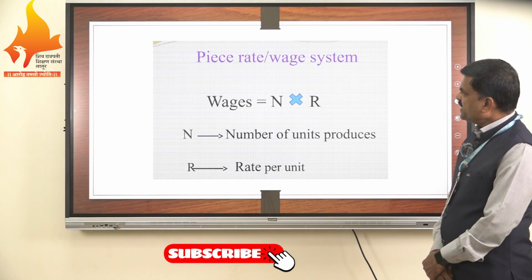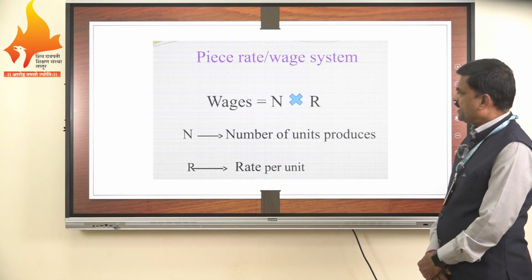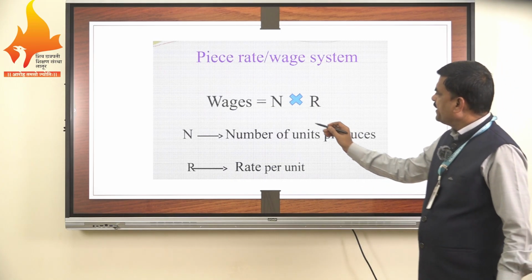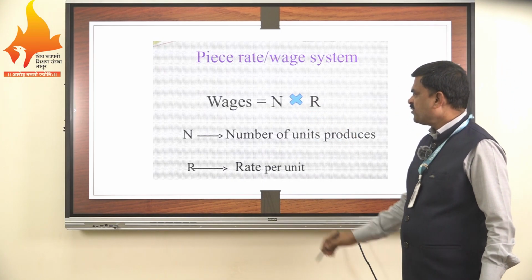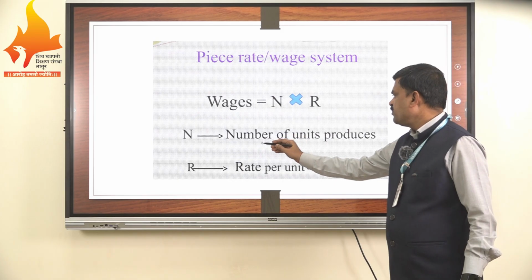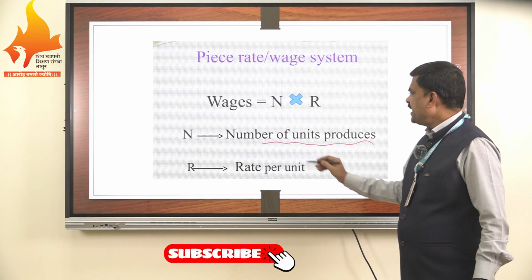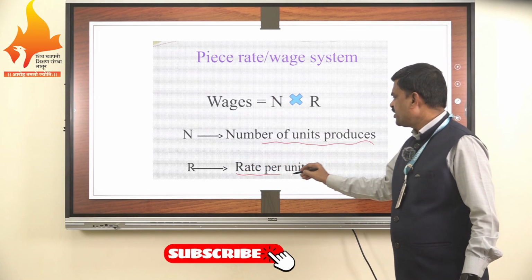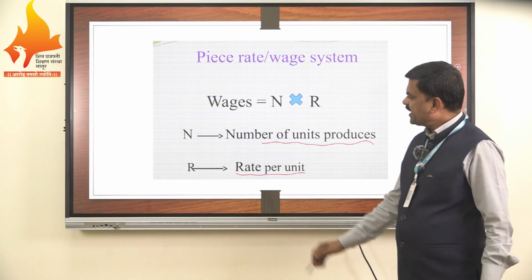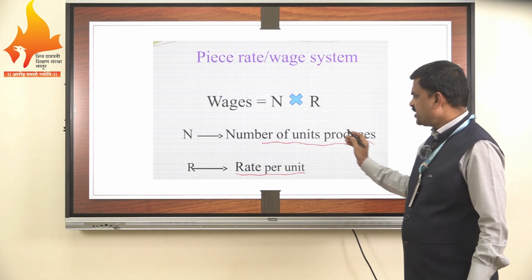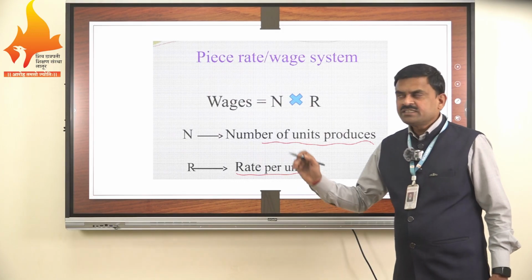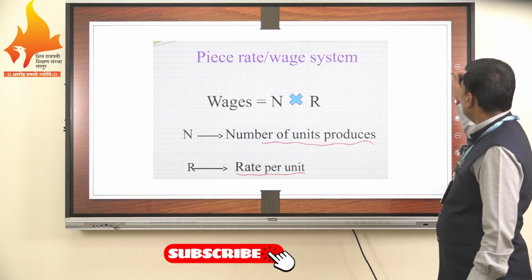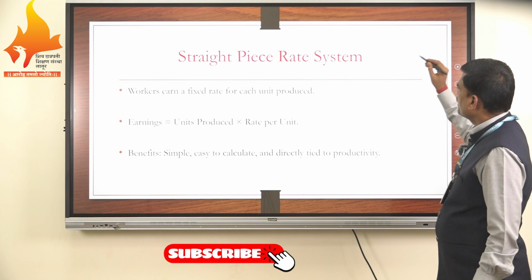Now friends, the piece rate system of wage payment has the formula N into R. Here N means the number of units produced and R means the rate per unit. So simply we can say number of units produced into rate per unit is the simple technique we follow under the piece rate system.